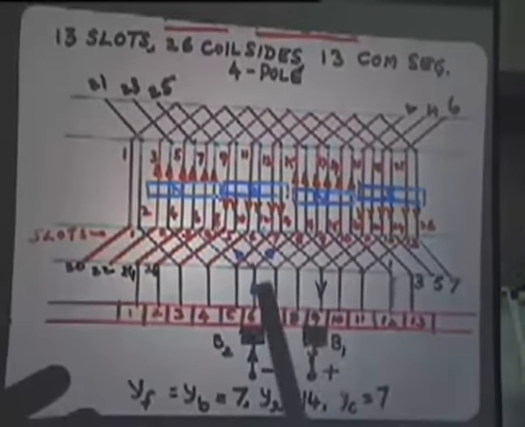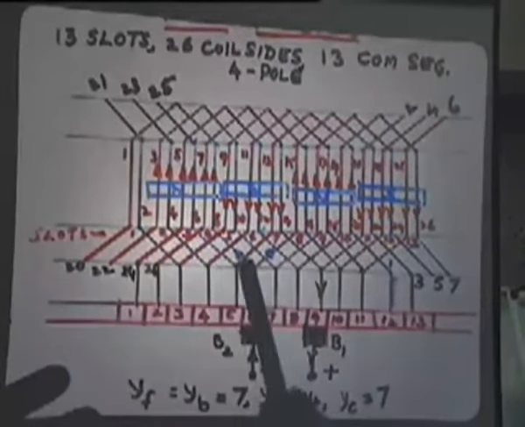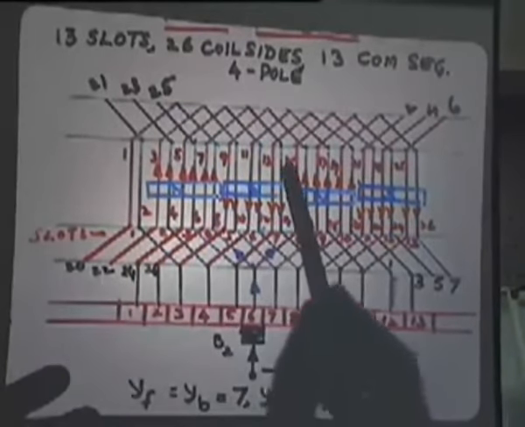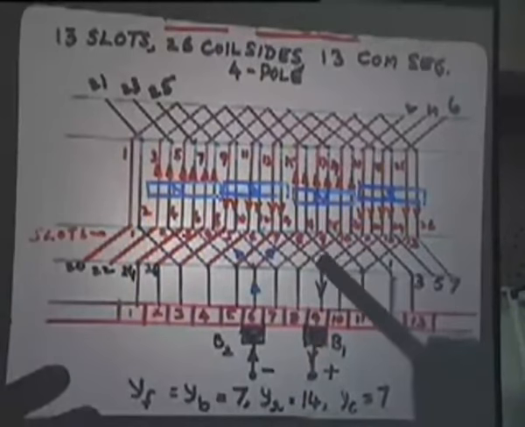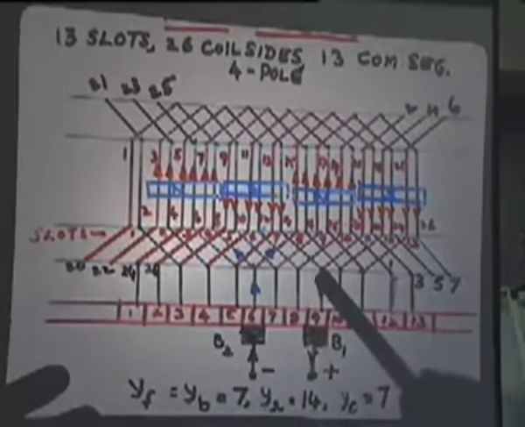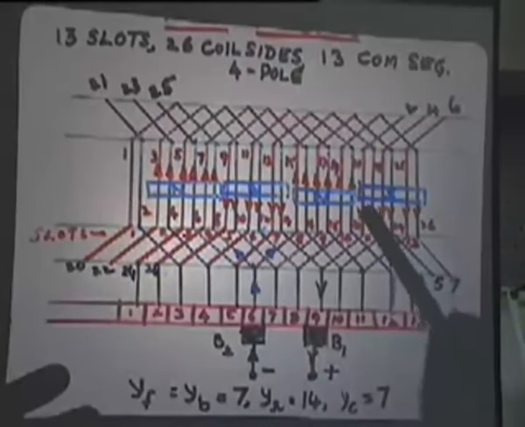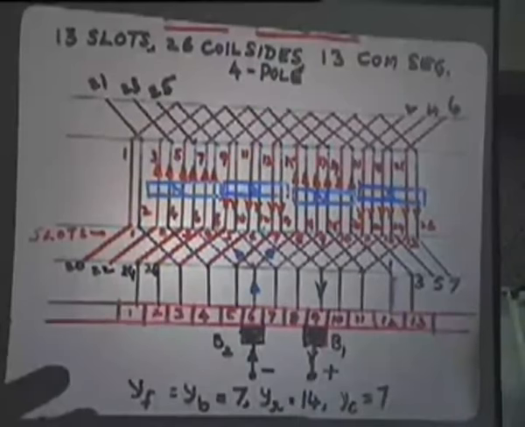Now we notice as it goes in, it branches through two paths, one to the left and another to the right, and it will be going through a group of conductors and coils and comes out through the other brush B1 like this. Again two branches come in, so you observe basically two parallel paths.